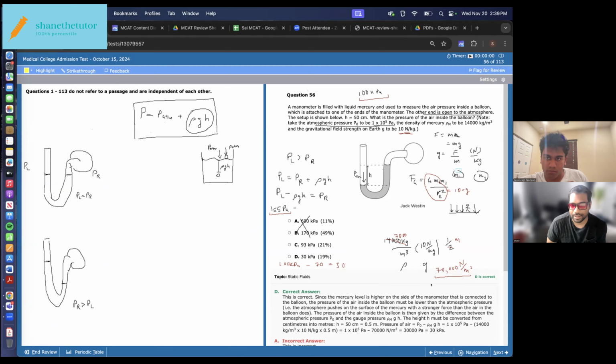On the MCAT, it's not ever going to be a simple application of a formula like that. It's going to require critical thinking and the ability to conceptualize and visualize things, and then think about perhaps the relevant formula, but also how to use that formula, because you see that we ended up doing this.